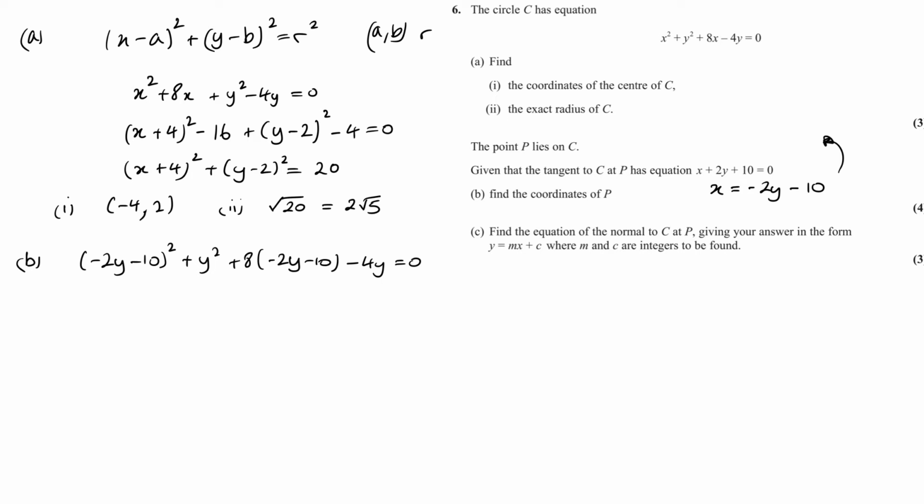So I want to first expand this bracket. So minus 2y squared would be 4y squared. Minus 2y times minus 10, so minus 20y doubled, so plus 40y plus 100 plus y squared minus 16y minus 80 and minus 4y.